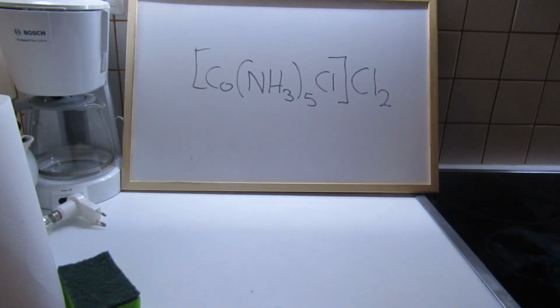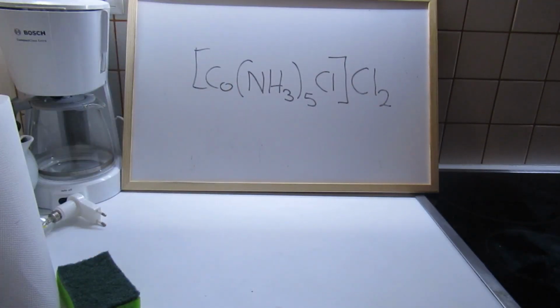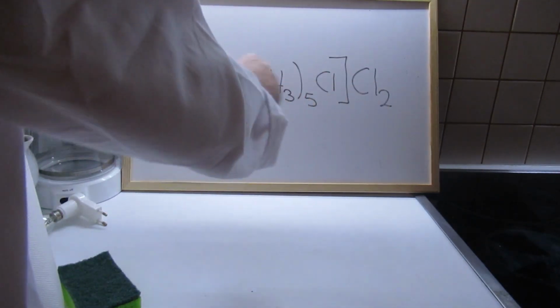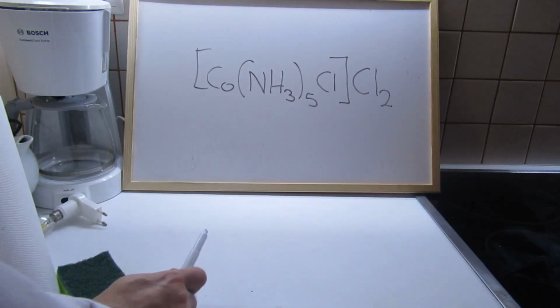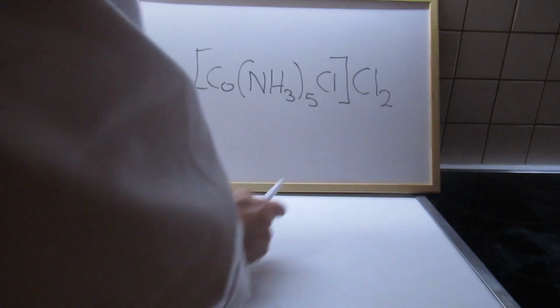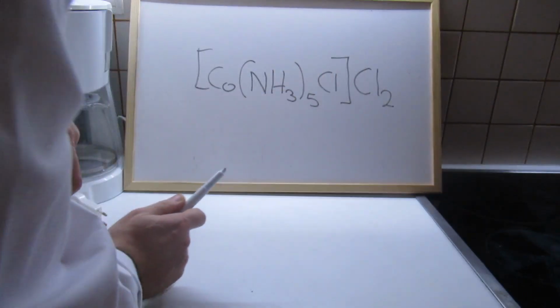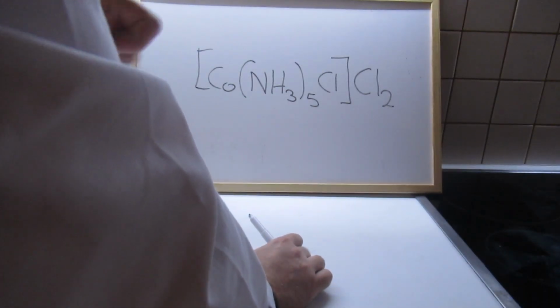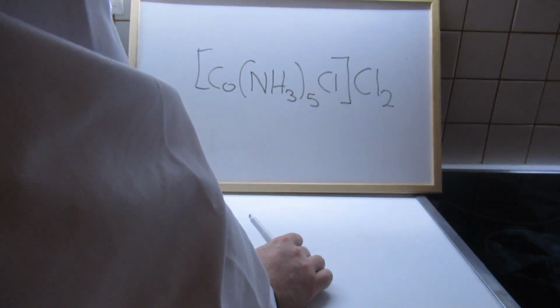And the cobalt is in the +3 oxidation state, and you'll ask me, well, why are the counter ions, the chloride ions, 2 and not 3, since this complex has the cobalt in its +3 oxidation state? Well, it's because of this chloride ion. This chloride ion has a negative charge.